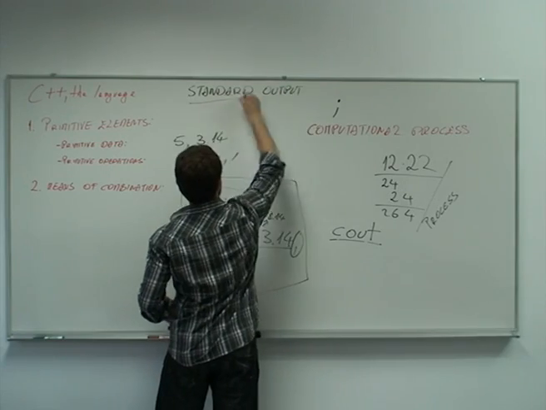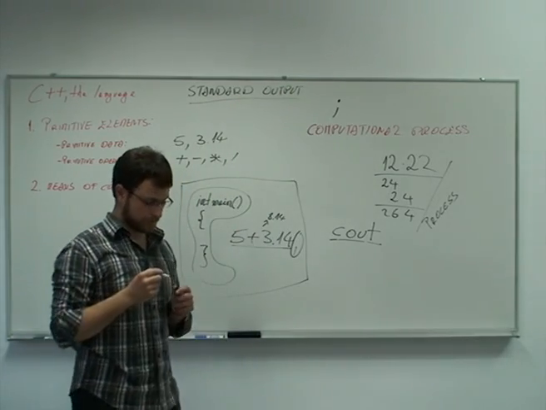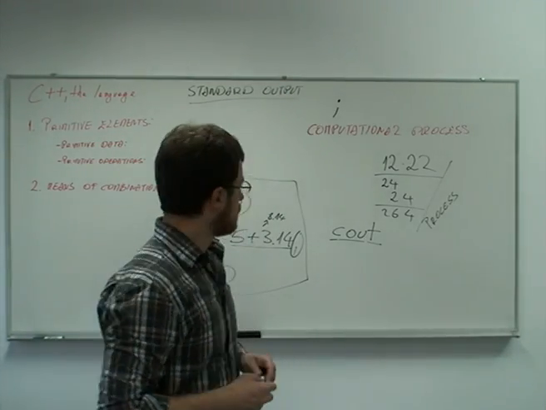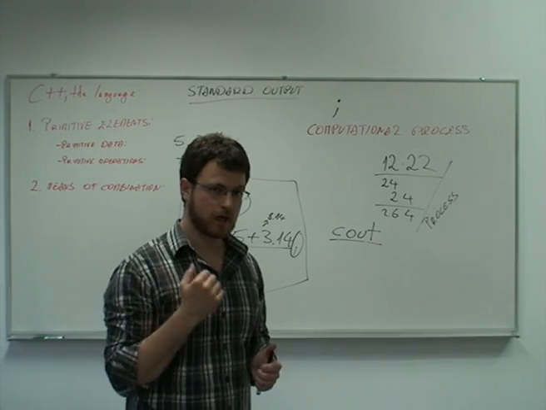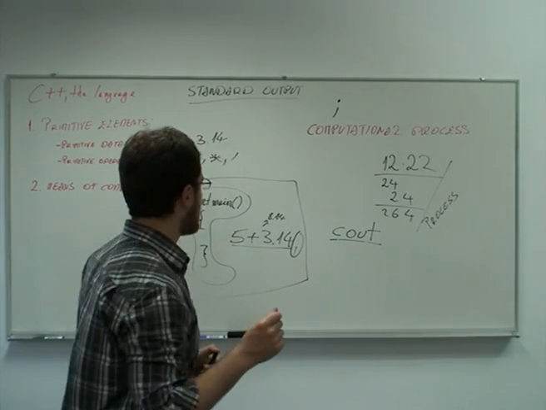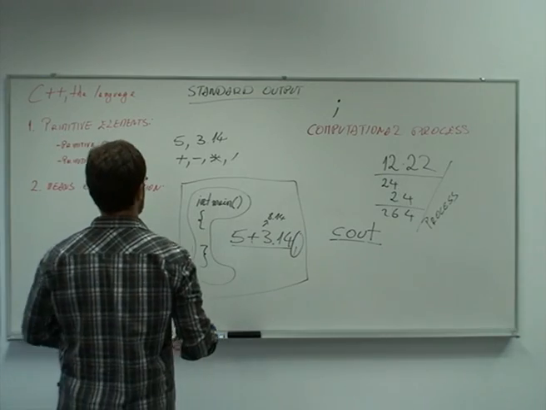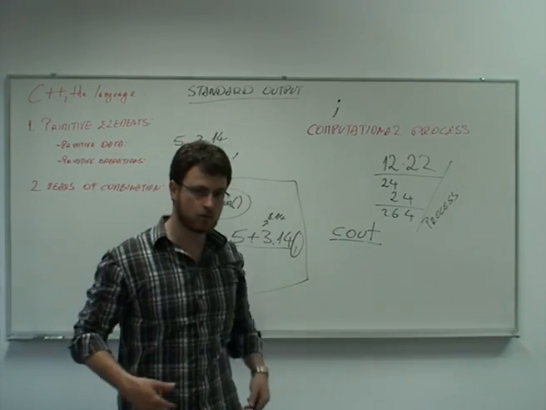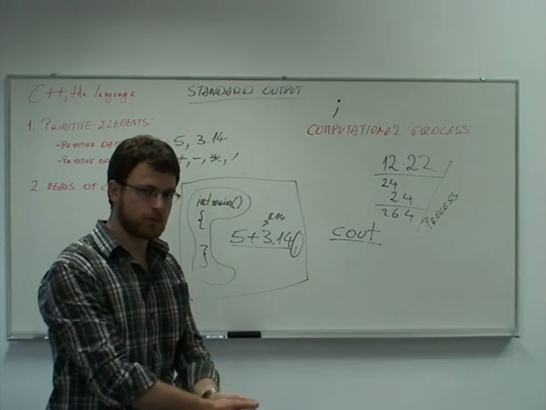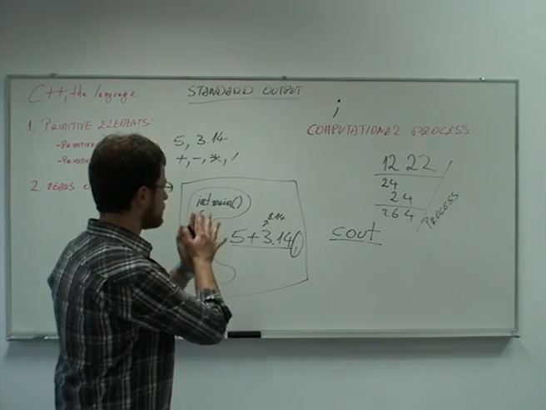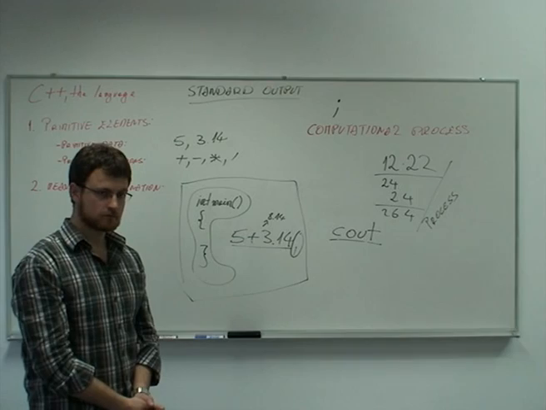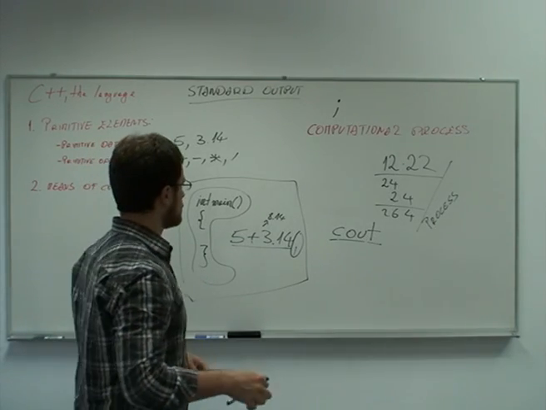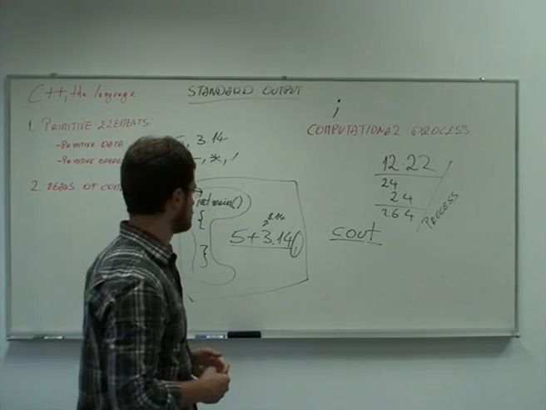Well, it turns out it's a rather involved idea. So, for the duration of this lecture, I'll simplify things and pretend that the standard output is this here whiteboard. So, all of our programs will be printing out their results on the whiteboard. That's good enough for the purposes of this lecture.